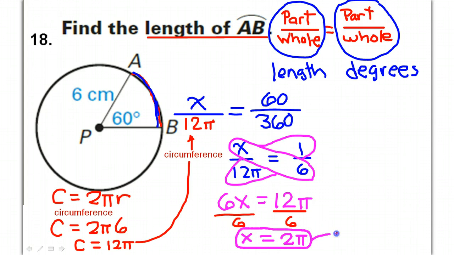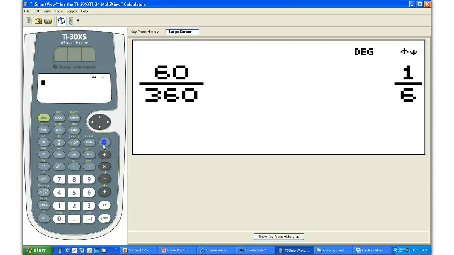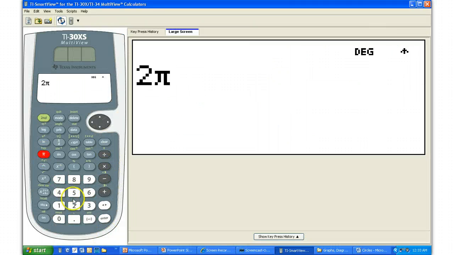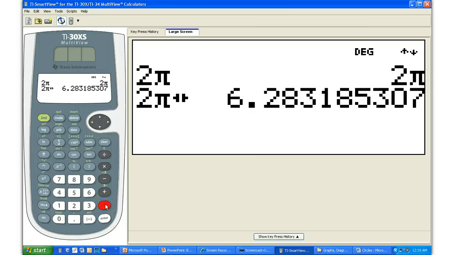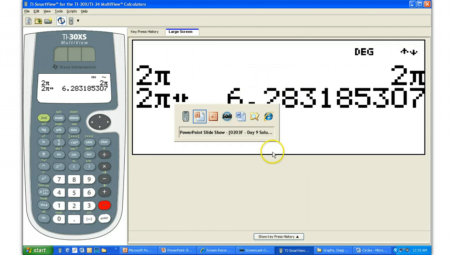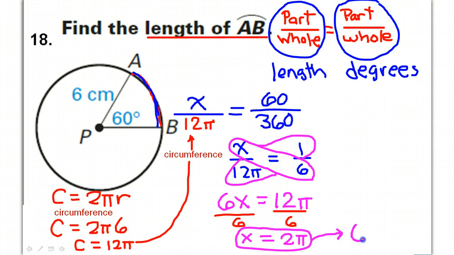Alright? If you wanted a decimal, you could just multiply 2 times pi, like this, and that's going to give us 6.3. Either way, that's how you do number 18.